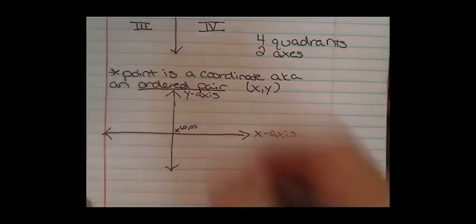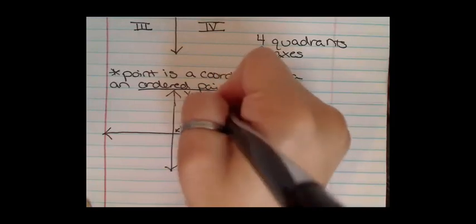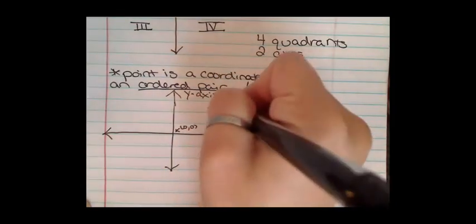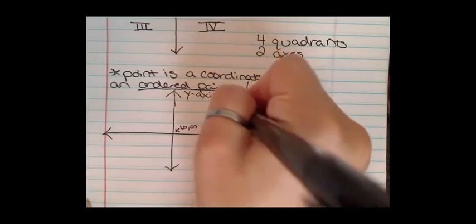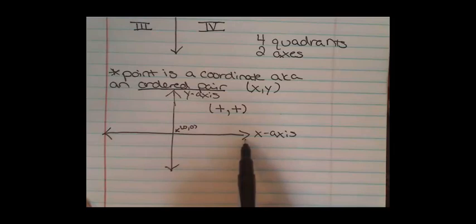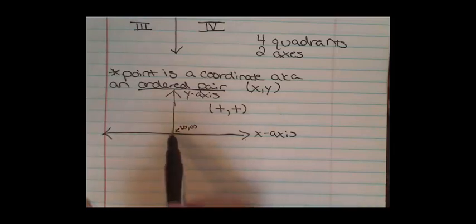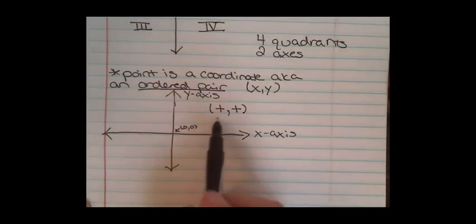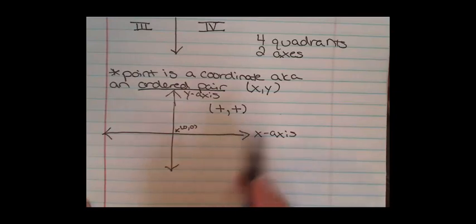If you are in the first quadrant, your x's have a positive value and your y's have a positive value. Because if this is 0 and we move to the right, our numbers are getting bigger. Same thing if we go up. So both our x and y values are going to be positive.